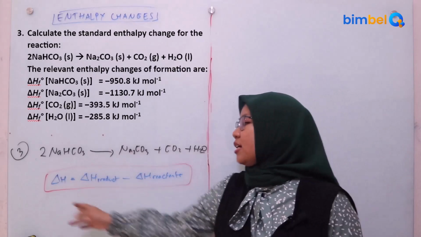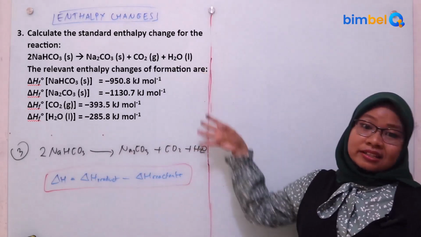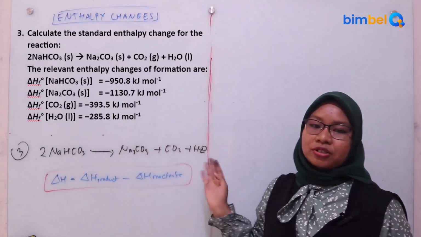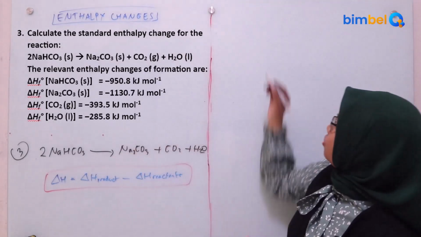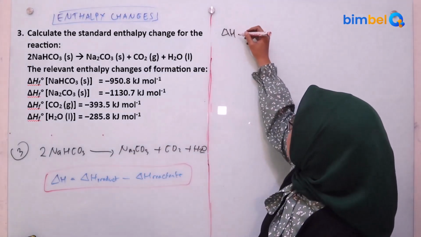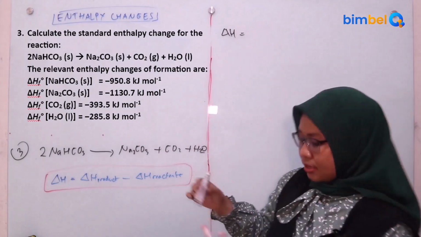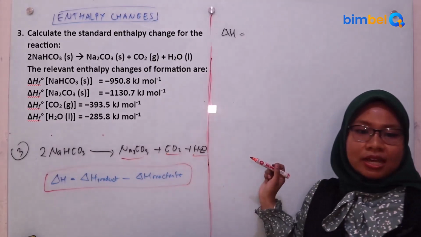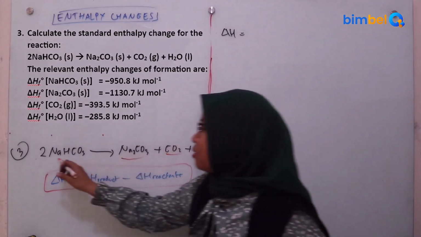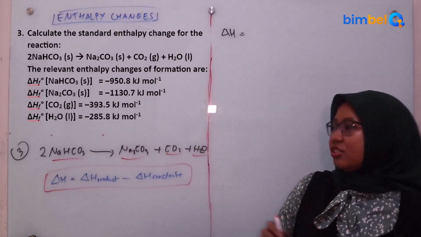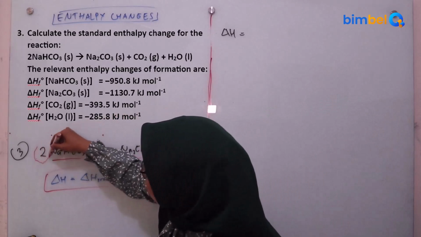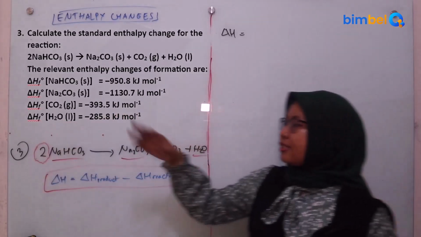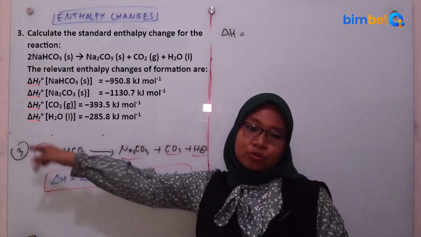But remember, this formula can be used only if you have the data of the enthalpy changes of formation of each compound. So the enthalpy change equals, we have the products, these 3 compounds, and also this reactant, 1 compound. But you have to consider this number, the number 2, which means you have to multiply the enthalpy by 2.